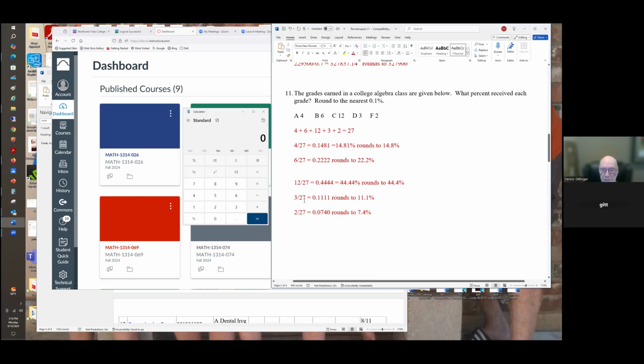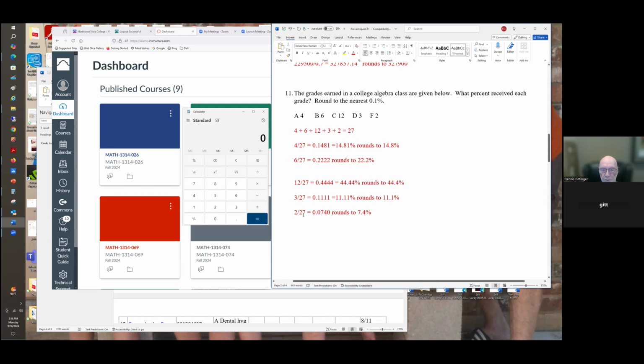3 out of 27 is 0.1 repeating, actually. So in that case, you're going to have 11.11%. To the nearest 0.1%, that's the first one, and the second one is not big enough to make it 11.2.